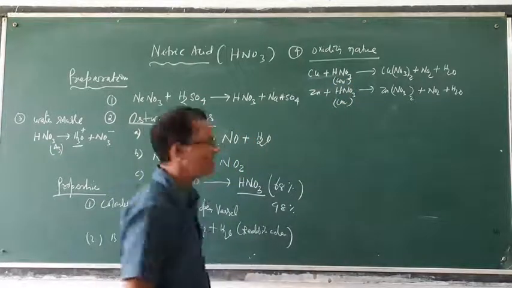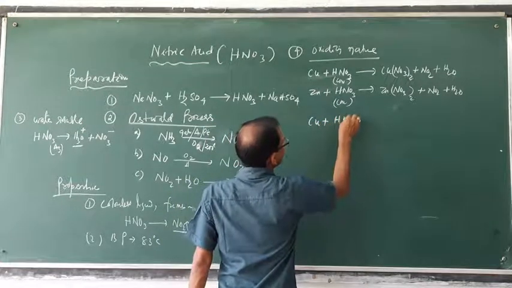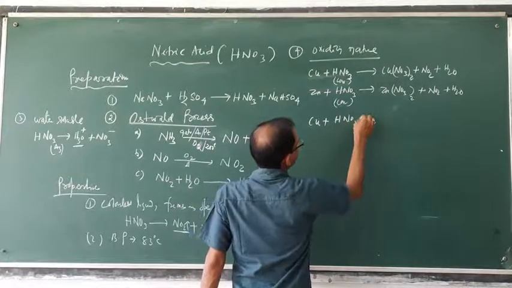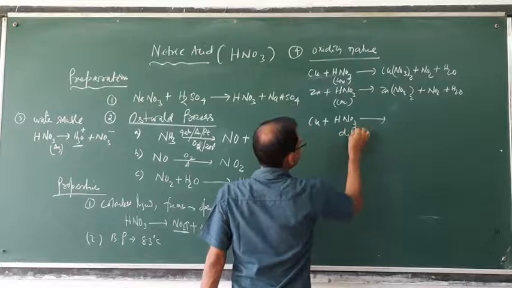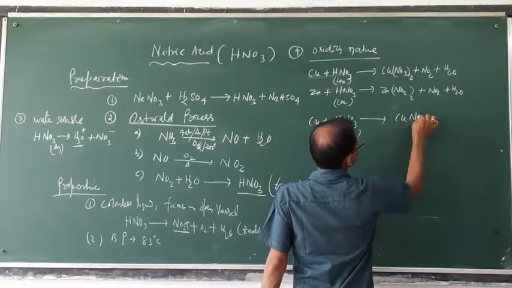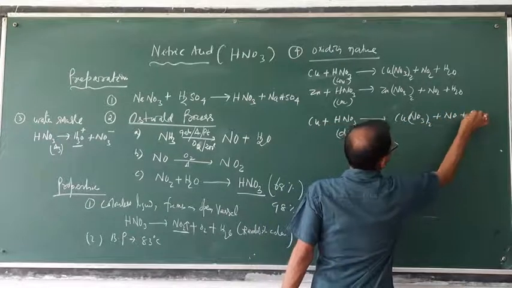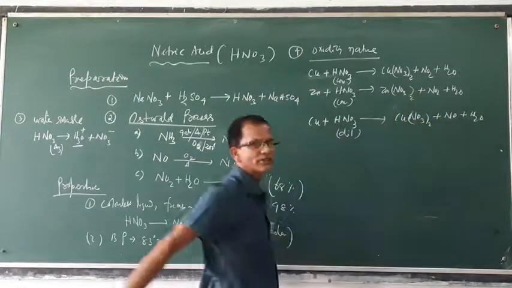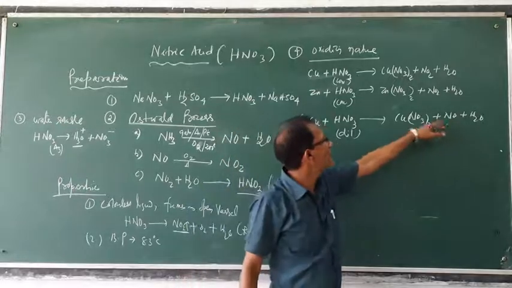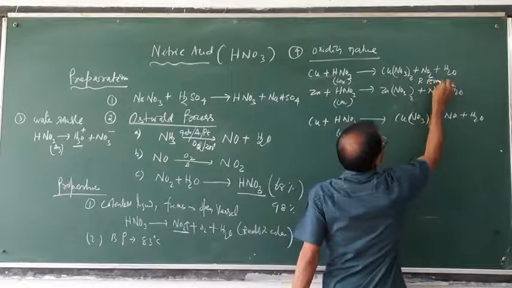If the acid is dilute, copper plus dilute nitric acid gives copper nitrate plus NO plus water. Nitric oxide, a colorless NO gas, is produced, whereas the NO2 gas is reddish brown.